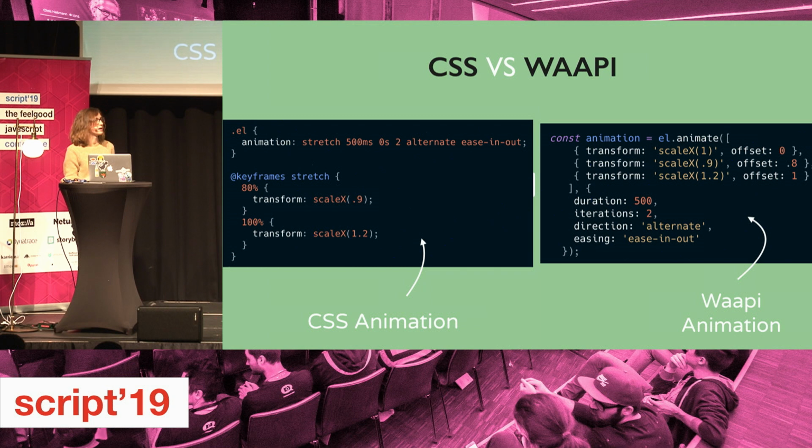Here I can define an offset, so the equivalent to the 80 and 100% would be the offset of 0.8 and the offset of 1. And when I define my keyframes, I need to define the timing. So I want the animation to take 500 milliseconds, I want it to run twice, and it should have the following easings. And these are all the same keywords we use in CSS. So they work really closely together.